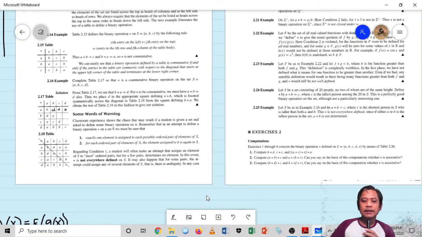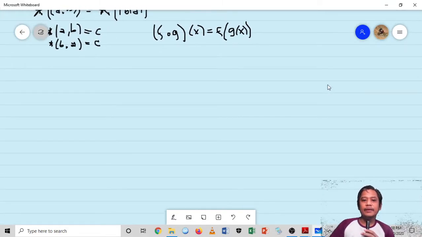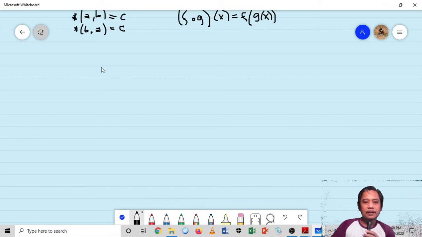Let us now move on to a very important binary operation. Let Z sub n denote the set containing the integers from 0 up to n minus 1.